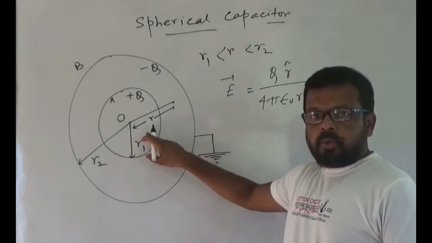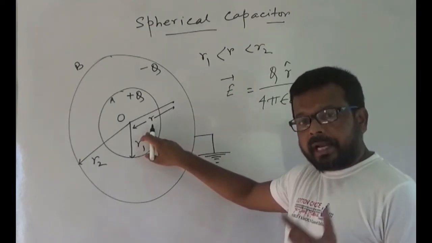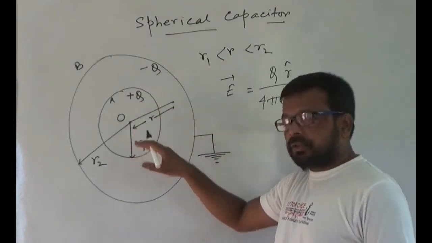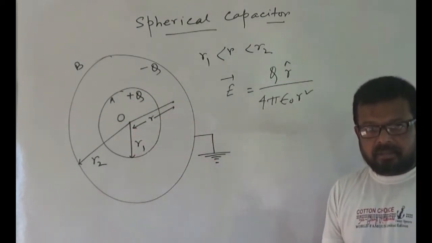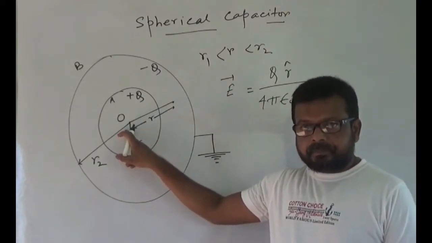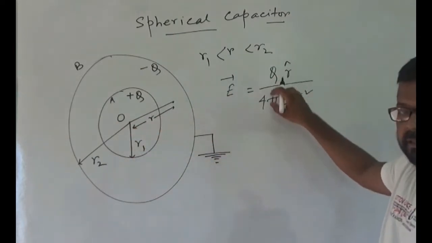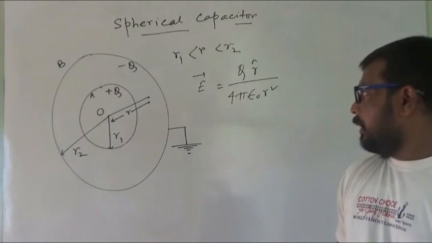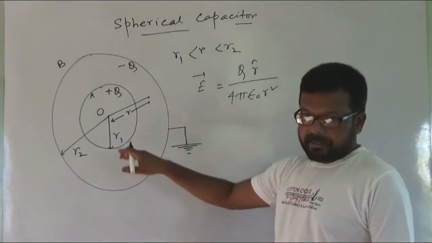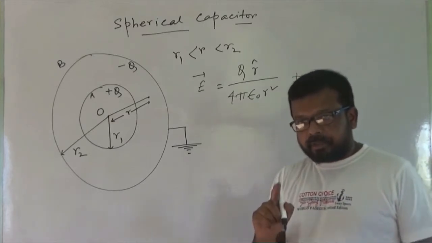So in that case, you can consider the total charge on the inner spherical cell to be at the center, and the electric field will be this. The electric field due to the charge on the outer sphere will be equal to 0. Why?